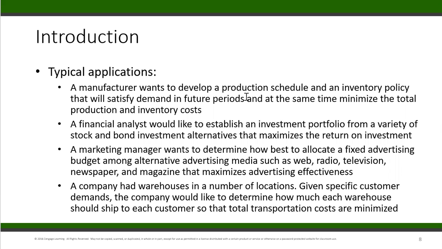The first one is a production scheduling problem, when we want to find the best or optimal production plan, the best quantity of production. And the objective is usually to minimize the total production and inventory cost or to maximize the total profit.